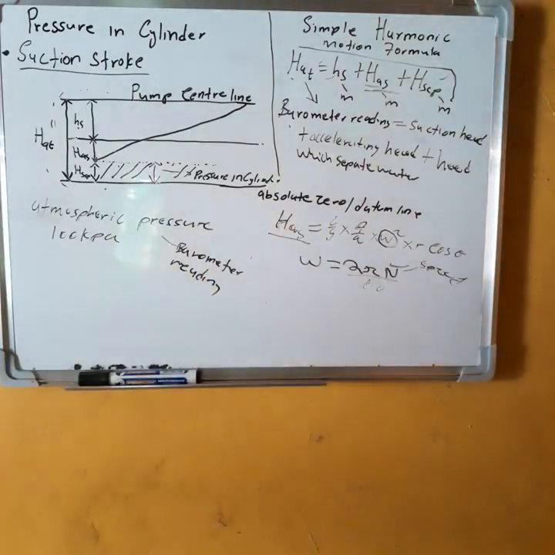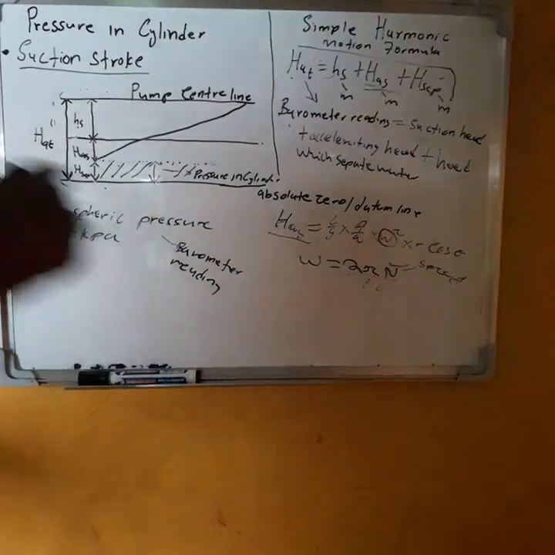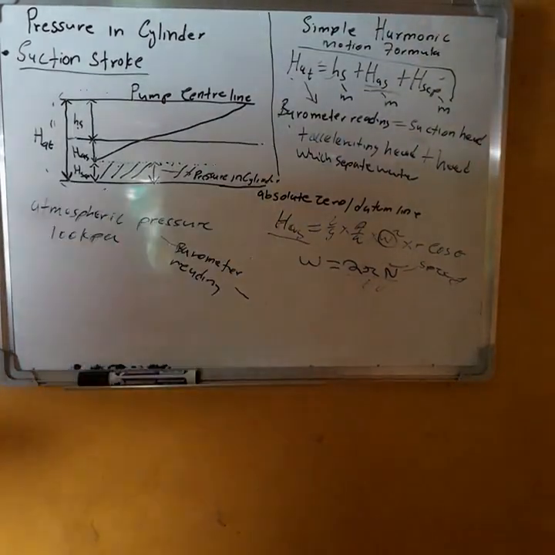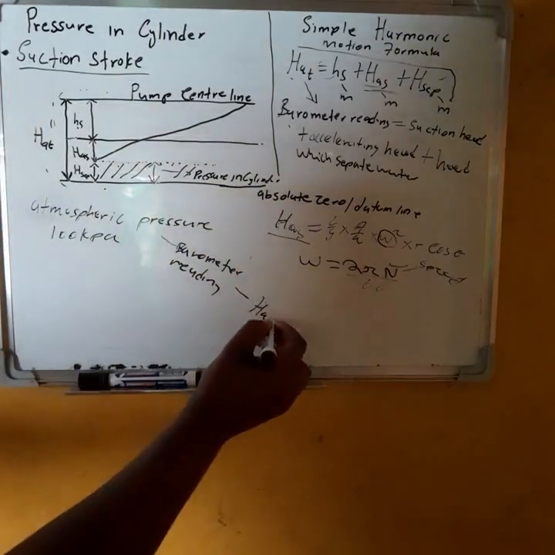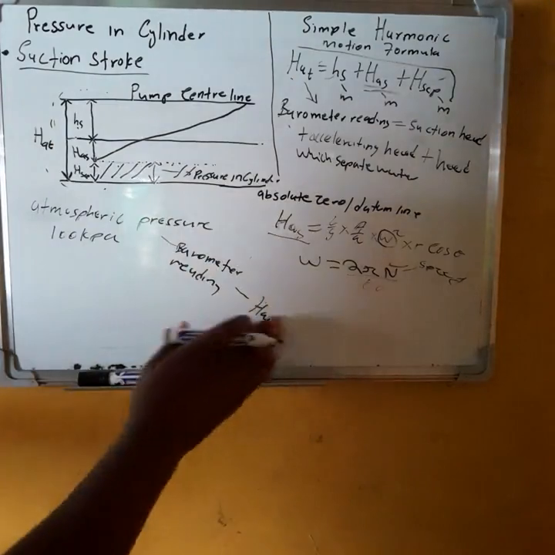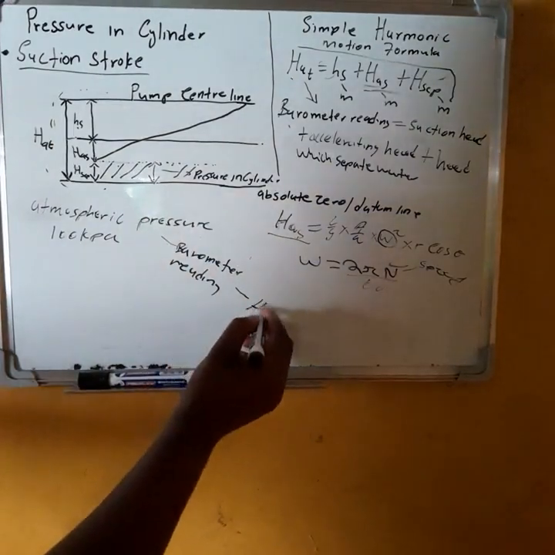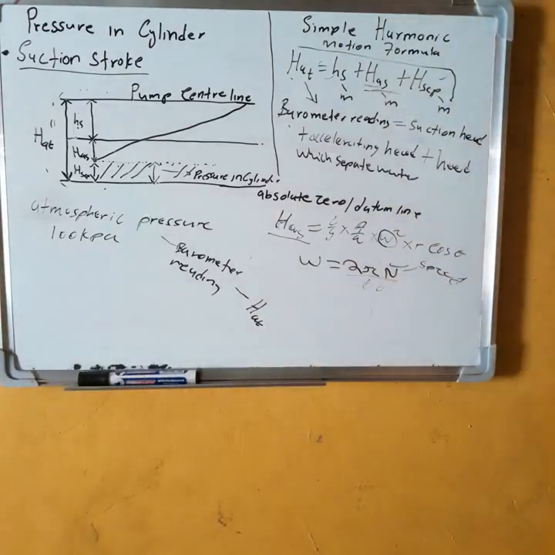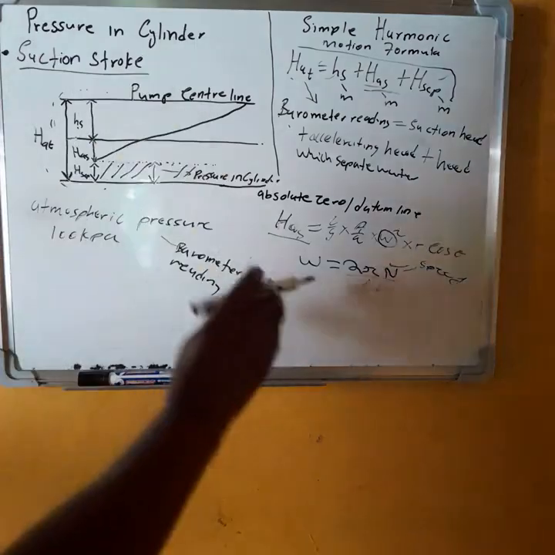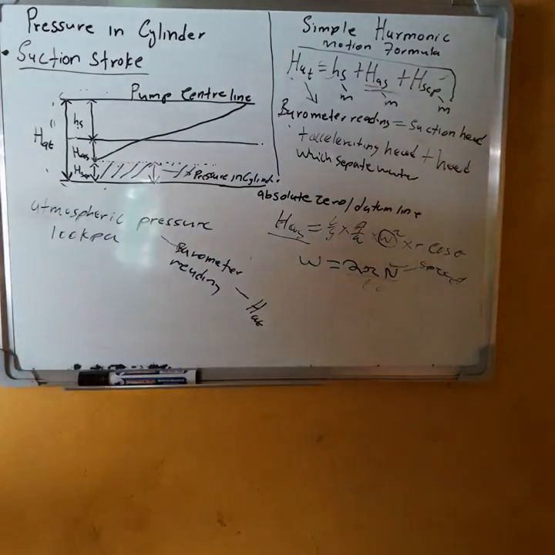Now we know the barometer reading is also indicating its head, which is HAT, right? In our simple harmonic formula it is HAT. We know that, right? So we want this, but this is the head and this is the pressure.